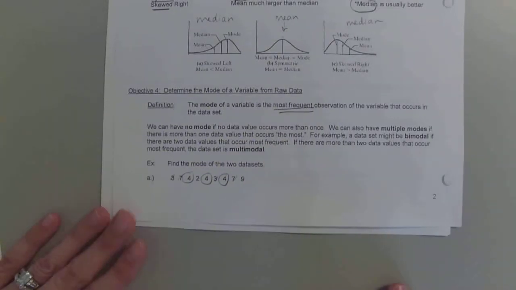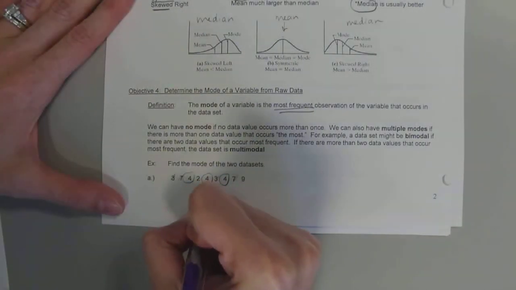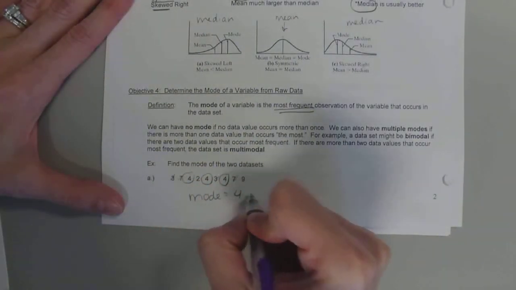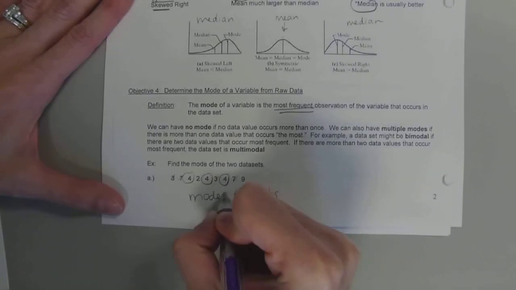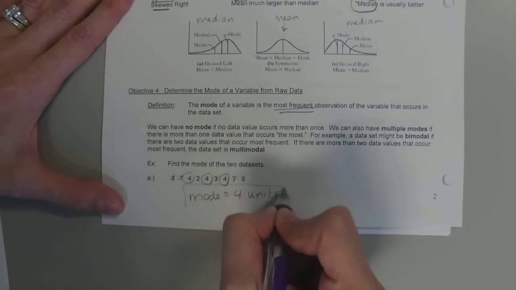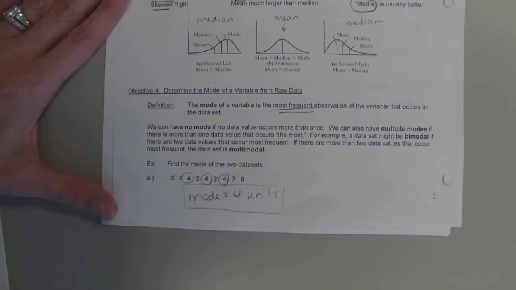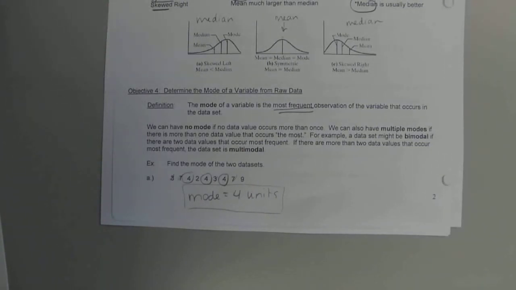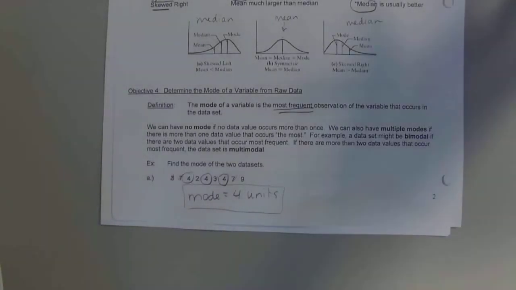But what do you notice about 4? 1, 2, 3. So our mode, you would just write mode equals 4 units, whatever those units are representing. All right? That is, I don't know if that's a word, unimodal. It's only one mode. Go ahead and flip it to the top of page 3.